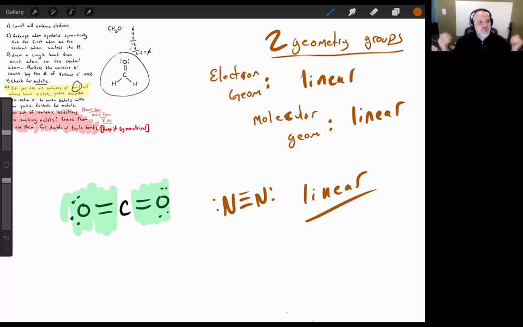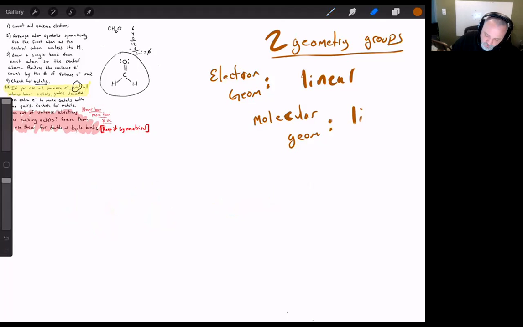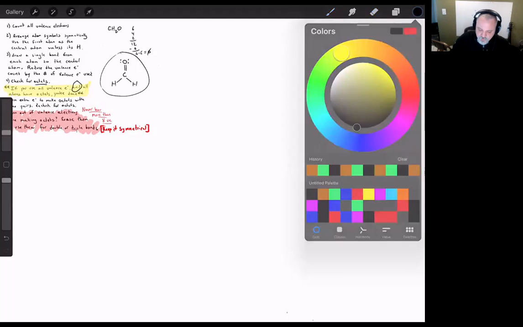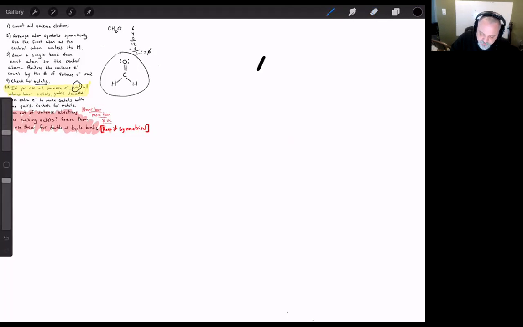Okay, so that's it. The only other thing that I've got to show you, and I think you already know this, is what about the bond angles? Well, I'm going to use generic atoms now. This is linear. What's the bond angle here?